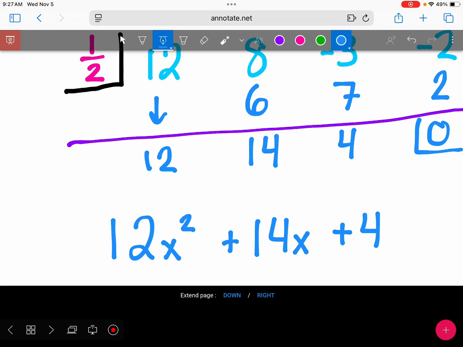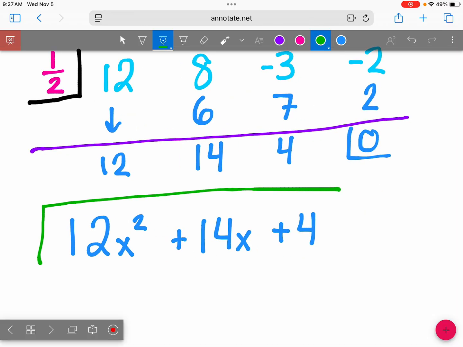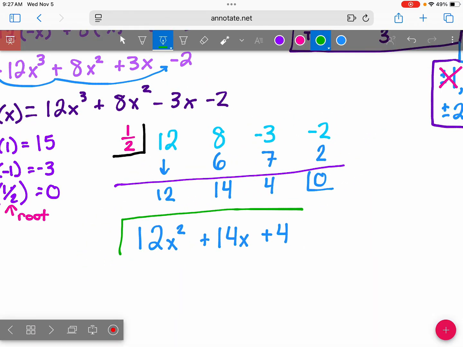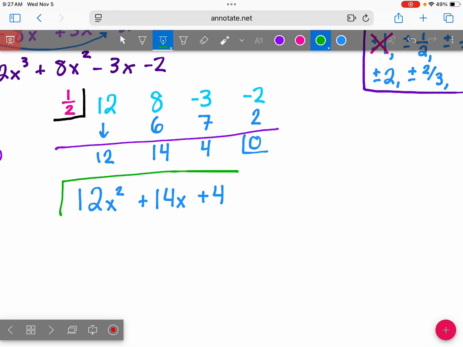What do we need to do first when we try and factor this? Yeah, we've got a greatest common factor here.